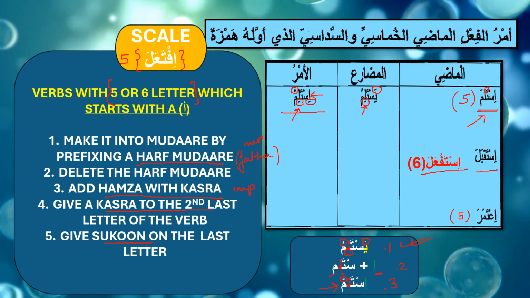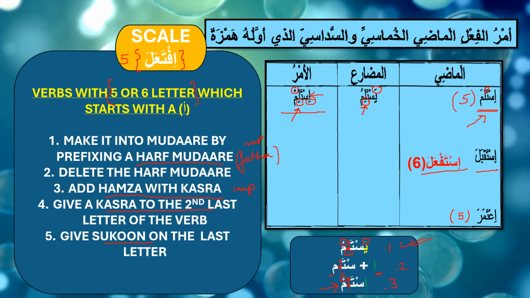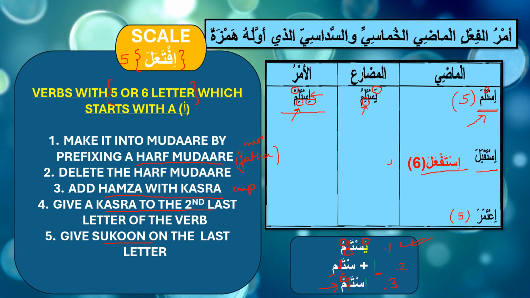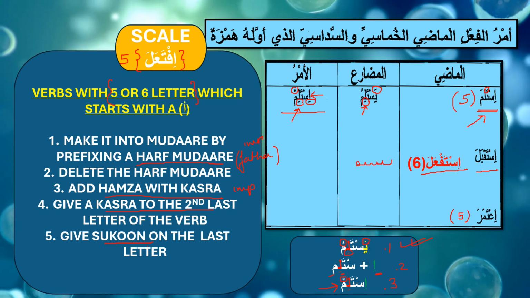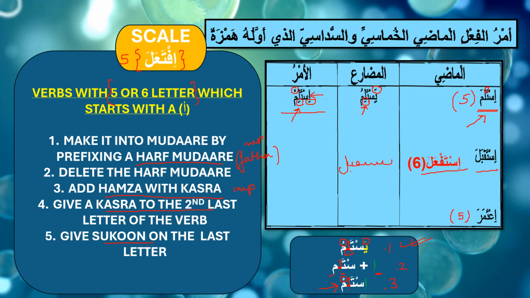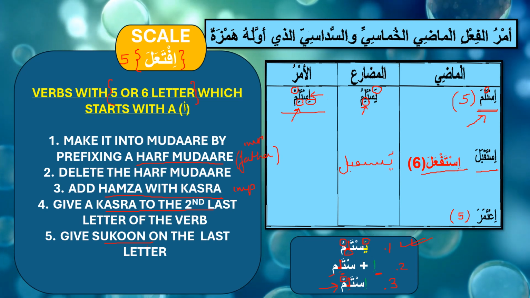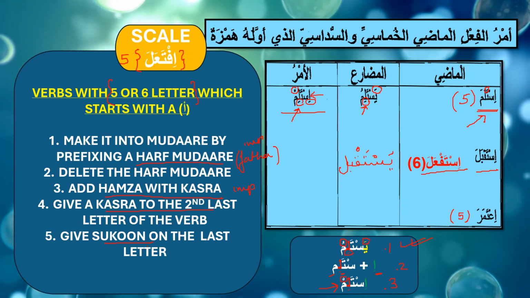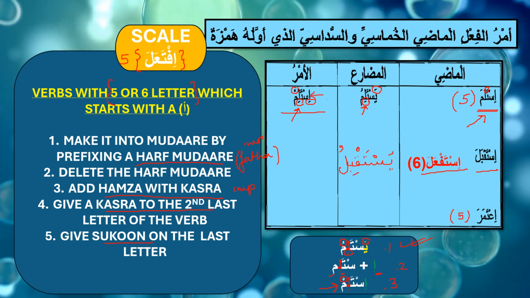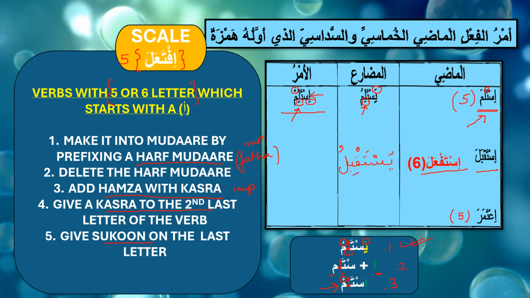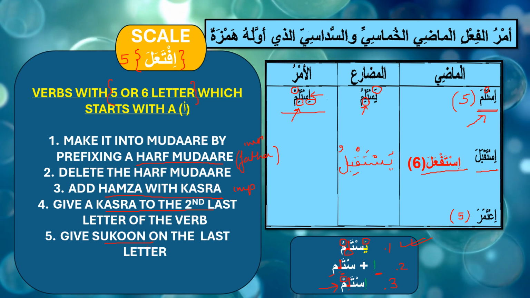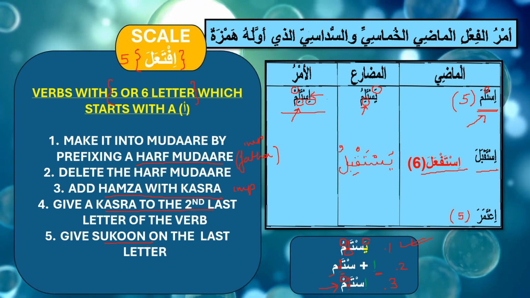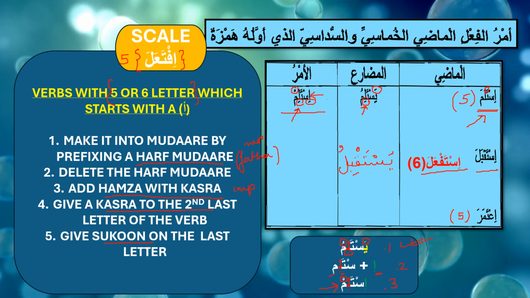And what about the istaqbala? For the sixth letter, you will follow the same thing. From istaqbala becomes yastaqbalu. So now what happens? Yastaq with the sukun on the qaf, bilu, yastaqbilu. And then what happens? Now you need to remove the harf mudare with the fatha. So you now have seen with sukun, and all the structure remains the same.